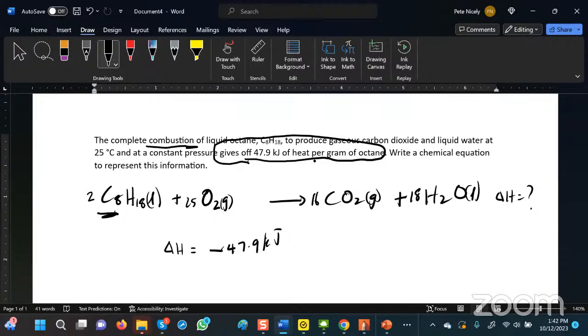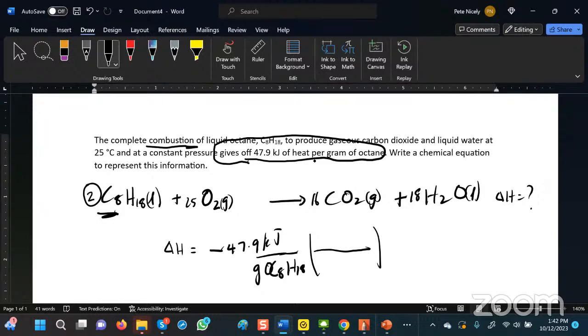Per gram of octane. So what we're going to put here is gram of octane, which is C8H18. But remember, these numbers here represent moles, so what we have to do is convert from grams to moles. So we're going to put the molar mass.